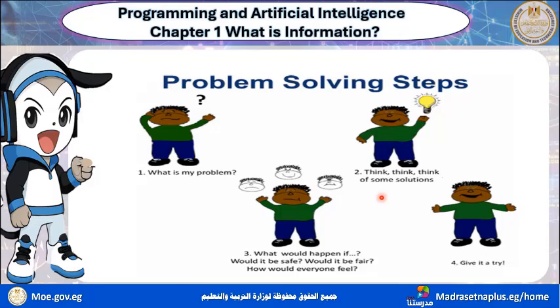That's why in problem solving, you need to think of many solutions, as we call it plan A, plan B, and plan C. Just in case plan A doesn't work, you have plan B. Just in case solution 1 doesn't work, you have solution 2 and 3.